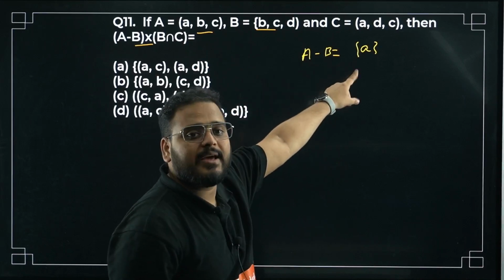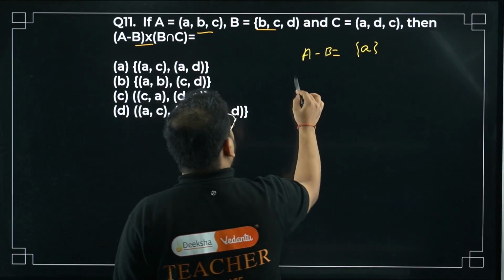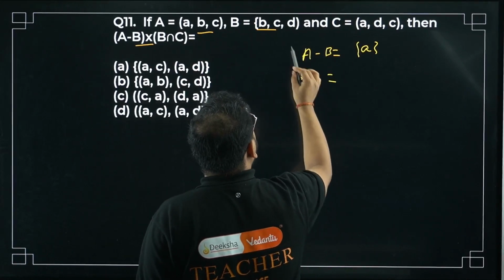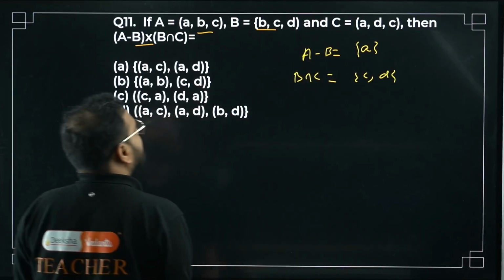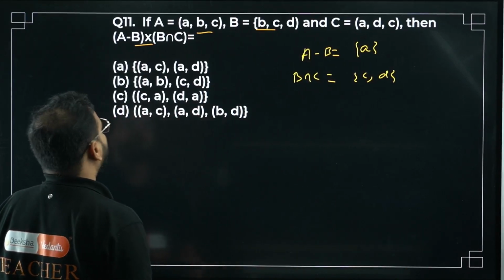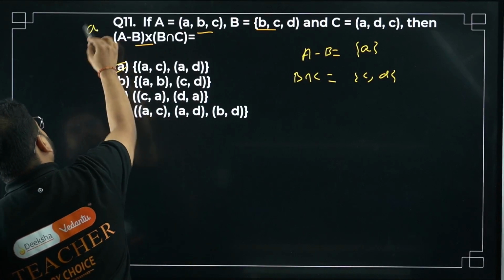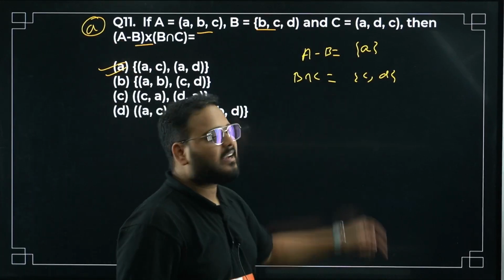So that is only A. And then we have B intersection C. Check this out, we have C and D. So the product of that is AC and AD. Option A is correct. The Cartesian product is of this set, AC and AD.